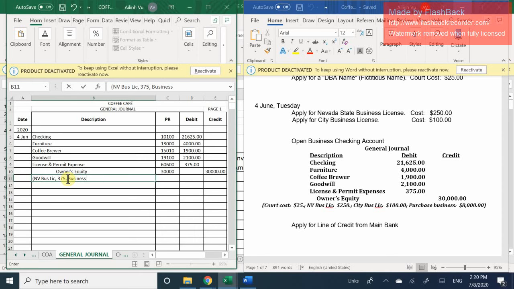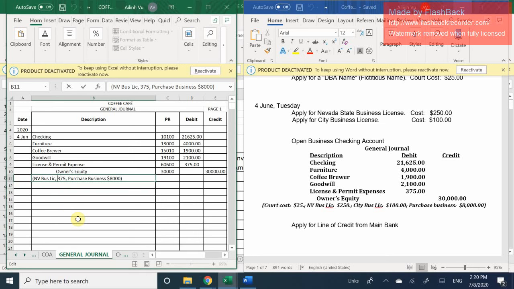Okay, so yeah, I'm gonna do that. That's better. Purchase business, $8,000. Purchase business, how much? $8,000. Okay. So I'm gonna end my parentheses there. Okay, that I got my business license. Business license for $375.